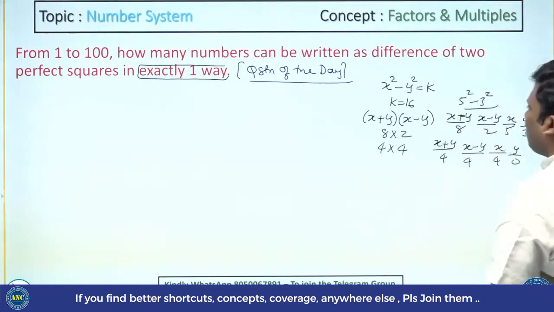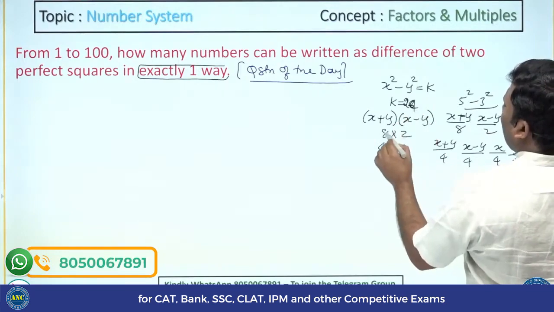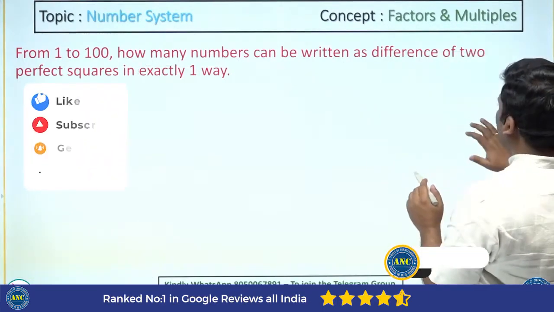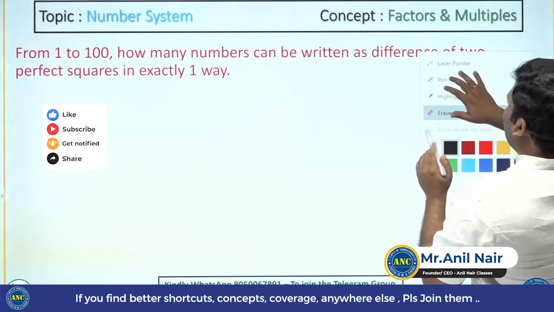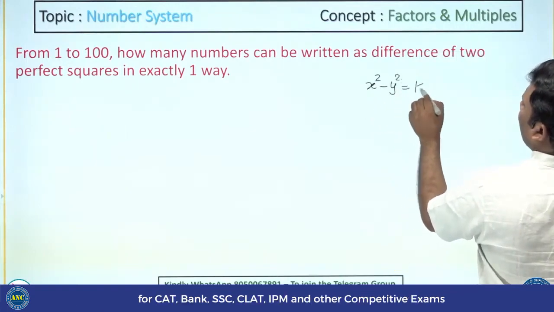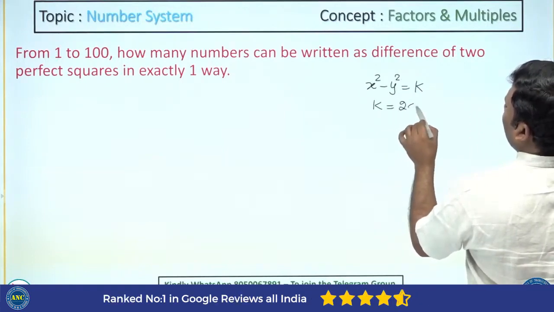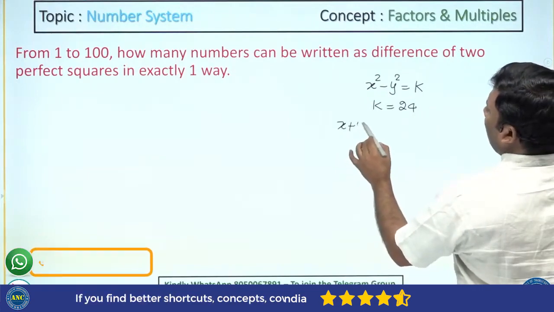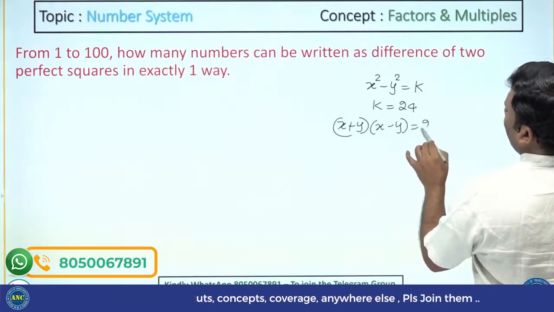Now we will take k as 24, just to tell you how many cases will arise. Listen carefully, sir. Once you understand this example, then solving will be easy. Suppose k is 24, x plus y into x minus y equivalent to 24.